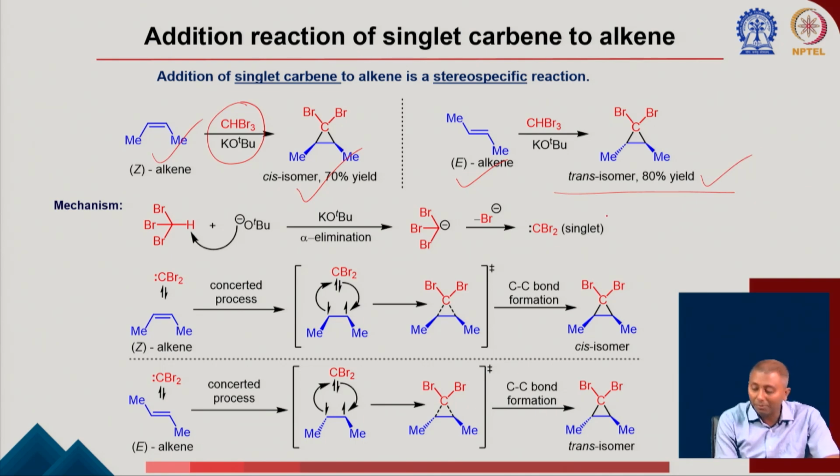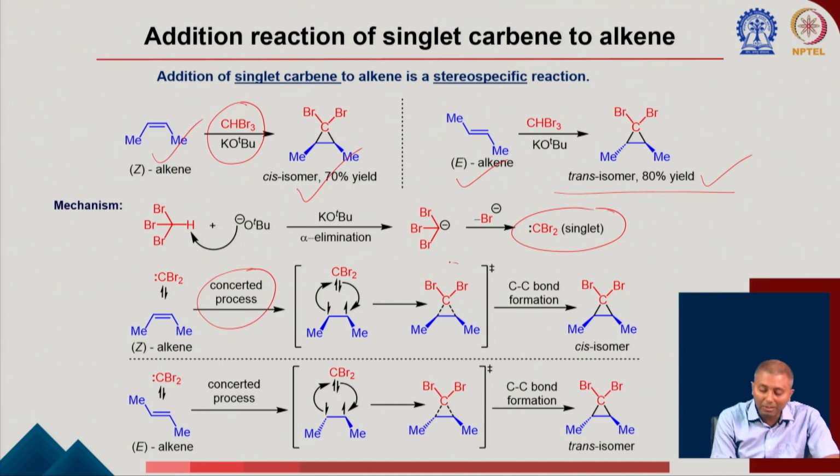First, I think the formation of this singlet carbene is well understood. I have already explained this alpha elimination in the previous class. After formation of the singlet carbene, it reacts with the olefin through a concerted process. You can see this CBr2 carbene has 2 electrons in the opposite spin, and the double bond also has 2 electrons in the opposite spin.